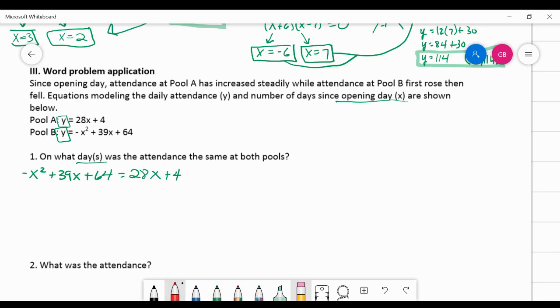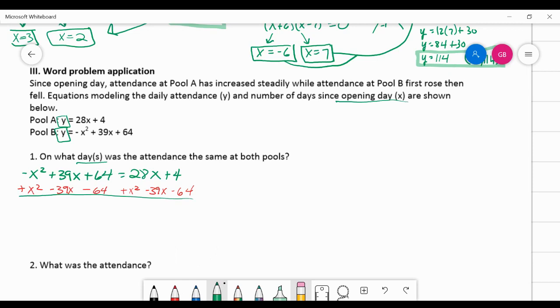Notice that my x squared is negative, so I'm going to move everything from the left to the right to make sure I have a positive x squared. I'm going to add x squared. I'm going to subtract 39x. And I'm going to subtract 64 on both sides.